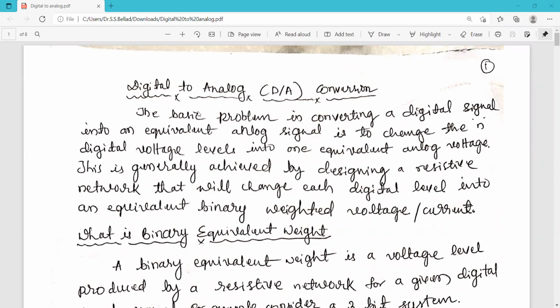So the basic problem in converting a digital signal into an equivalent analog signal is to change the n digital voltage levels into one equivalent analog voltage.